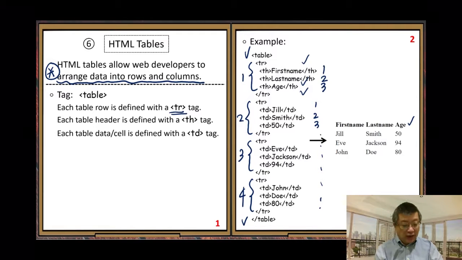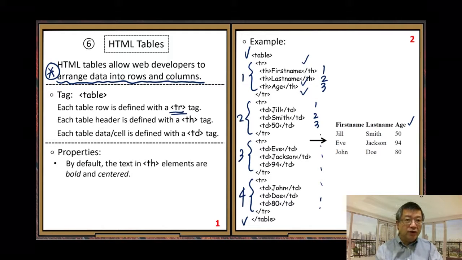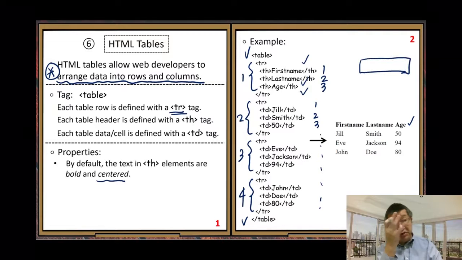All right. Next, let's study some basic properties. First, by default, the text in th elements is bold and centered. What do I mean by centered? In one table cell, you have a certain amount of space.